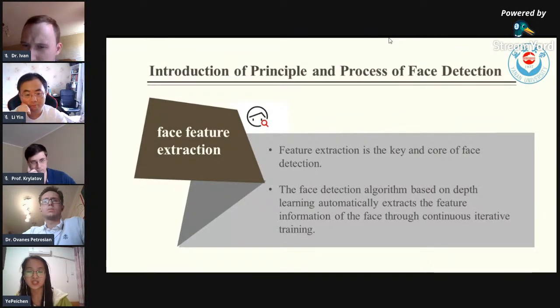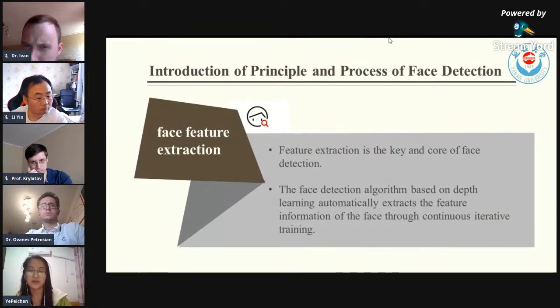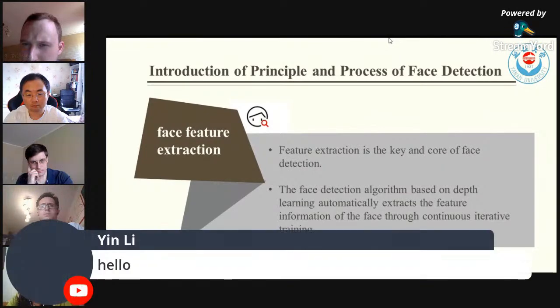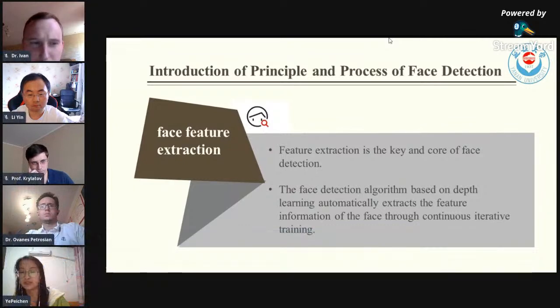In face detection based on deep learning, the candidate frame pictures selected in the face region selection stage are put into the designed neural network model, and the feature information of the face is automatically extracted through continuous iterative training, so that the difficulty of manually designing features by the traditional method is saved, and the accuracy of face detection is also improved.